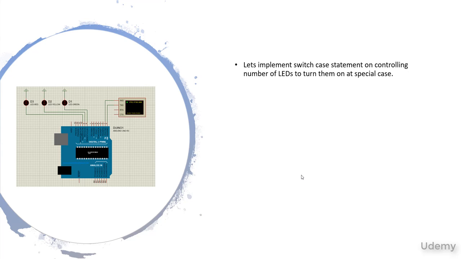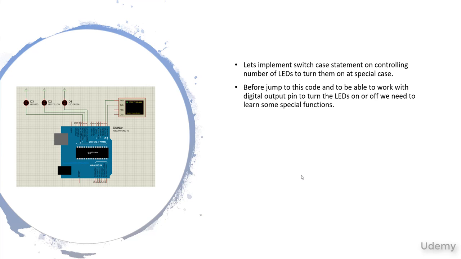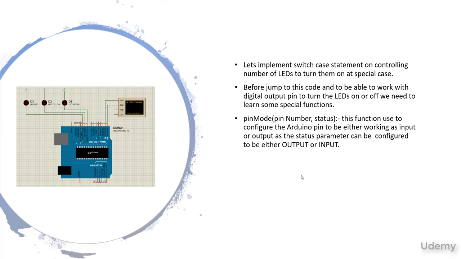Let's implement the switch case statement on controlling the number of LEDs to turn them on in a special case. Before jumping to this code, to be able to work with a digital output pin to turn the LED on or off, we need to learn some special functions. pinMode takes two parameters, pin number and status.